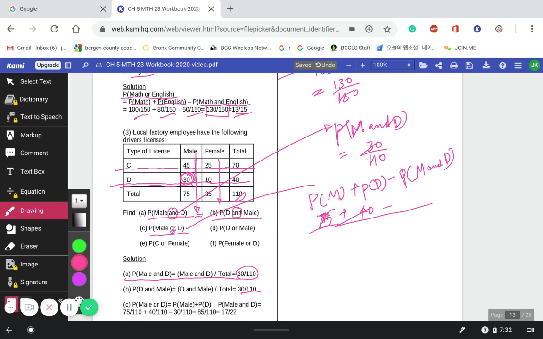They are all out of 110. So if you do that, you get 85 out of 110.